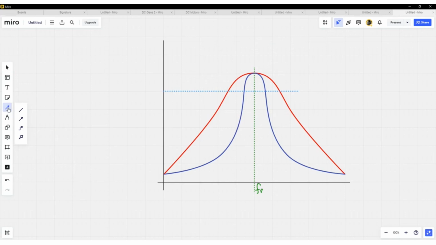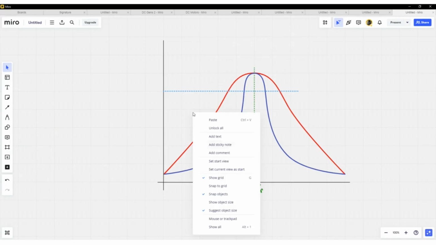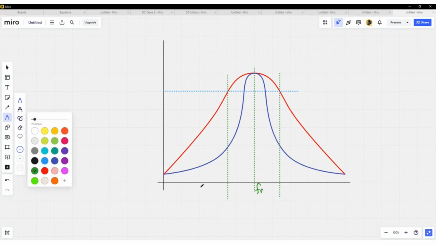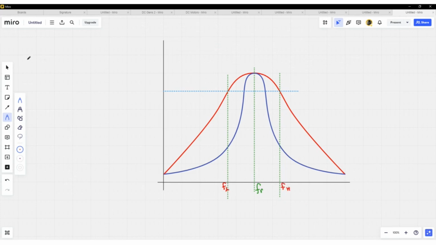I'm going to say that it's there about. So I'll do it this way. So that's there. Okay, so there's your lower and upper frequencies for red. So let me maybe write that in red. And then you also have for blue as well. That's going to sit there.